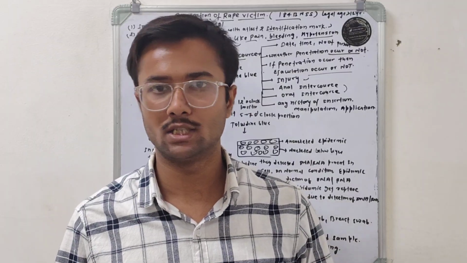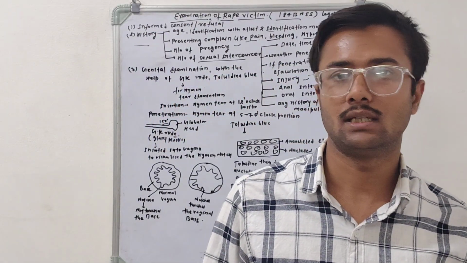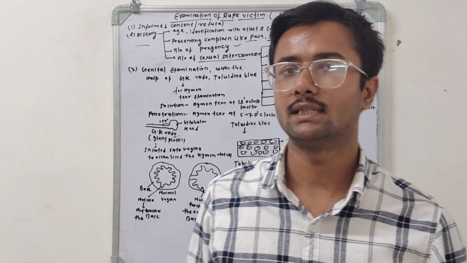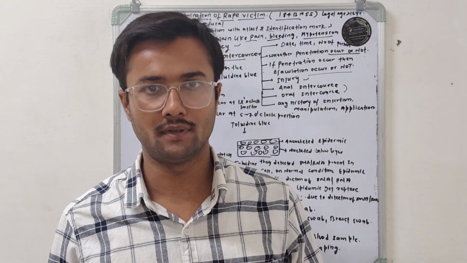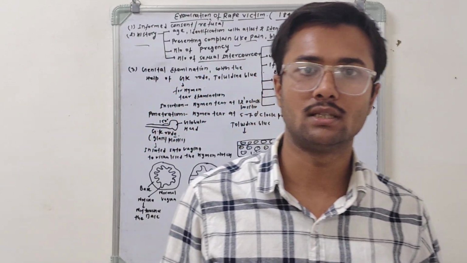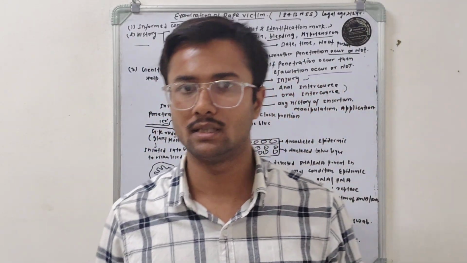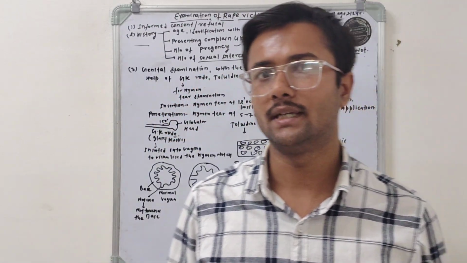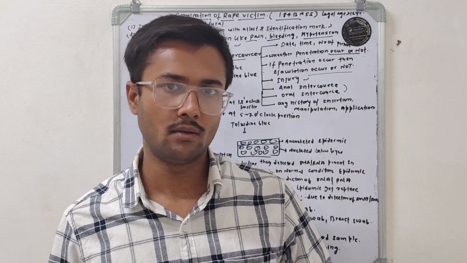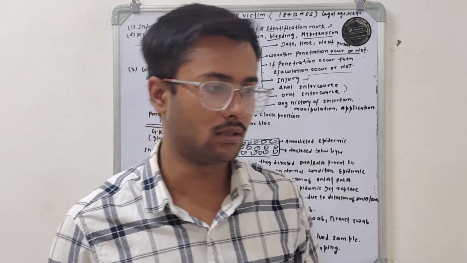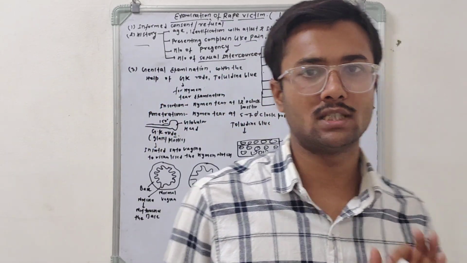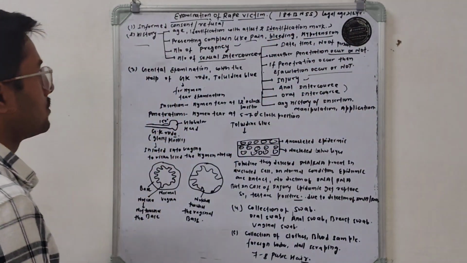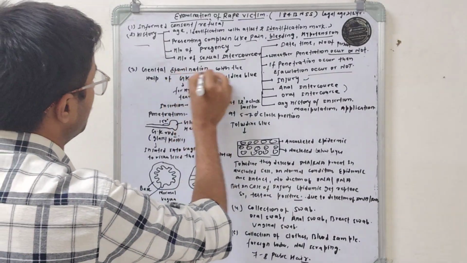Then we go for the history of sexual intercourse, which includes all the 4 things mentioned in the definition of rape under 63 BNS. What are these? Penetration, insertion, manipulation, and application.